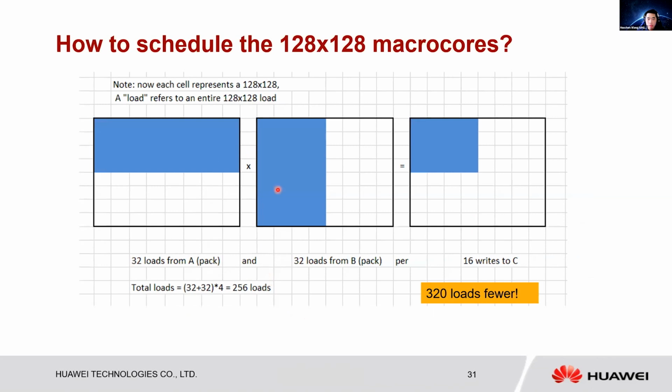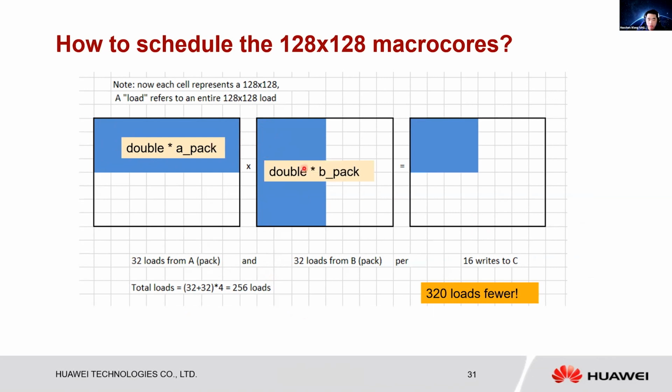But what if we do things in tiles? We can pack this 4 times 8, really 4 times 128 times 8 times 128, but let's call it 4 times 8, upper half of matrix A into a temporary array called double A pack. Similarly, we pack these 32, 8 times 4, macrocores into another temporary array called double B pack.